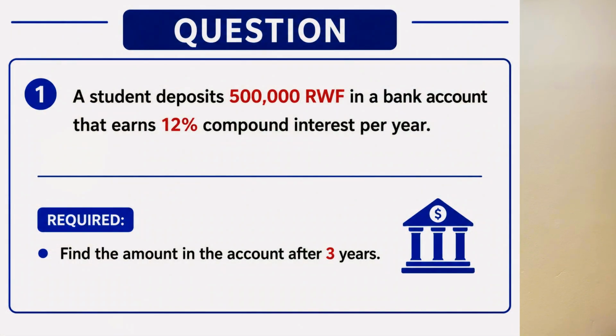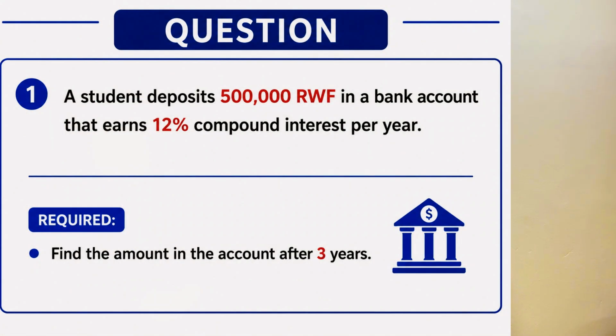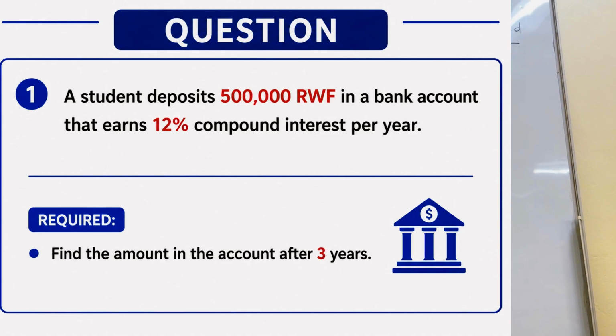By taking the first example: a student deposits 500,000 in a bank account that earns 12% compound interest per year. Find the amount in the account after 3 years.